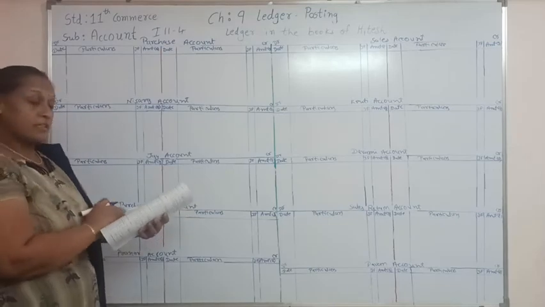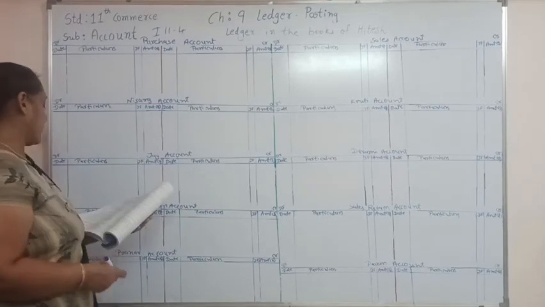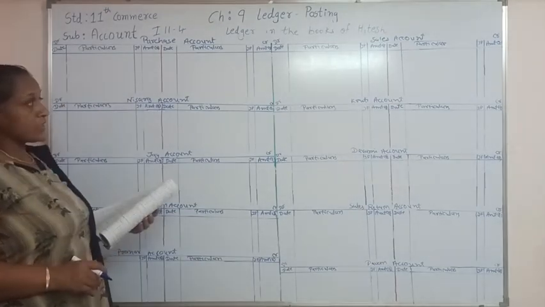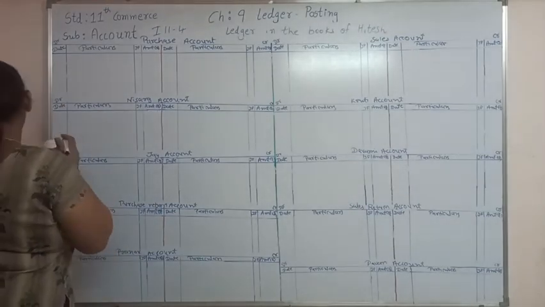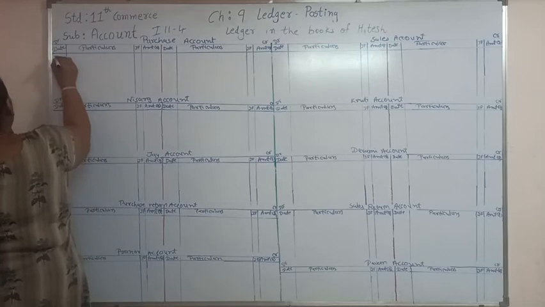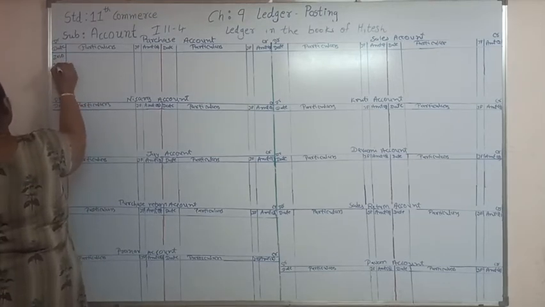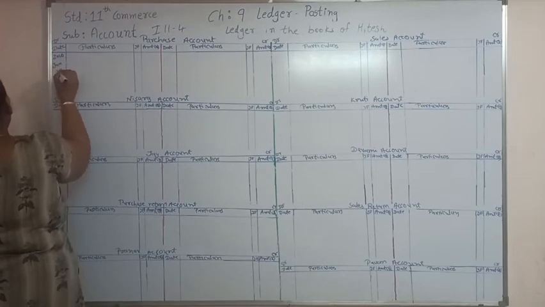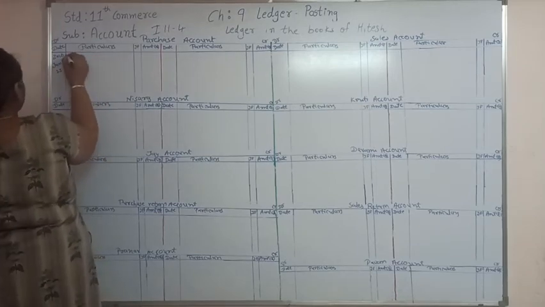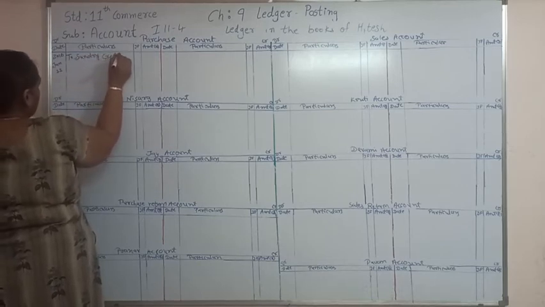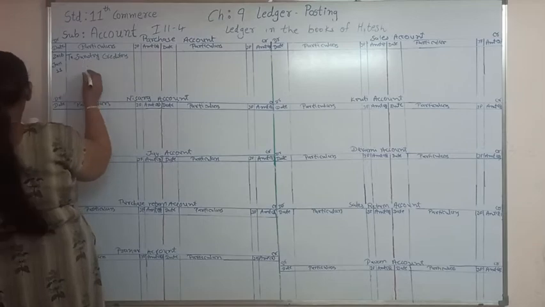So we have made the total. We are going to write the total on the debit side of the purchase account, 2016 January 11. Here we will write to sundry creditors account, because we have so many creditors, so we have to make the total of that.